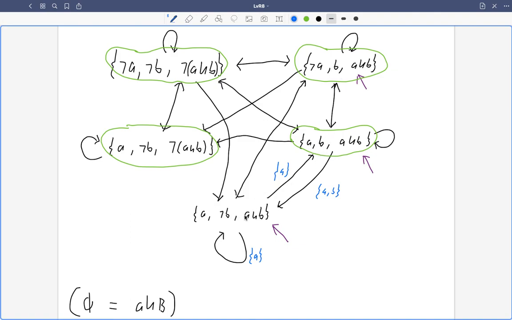Those runs will always, at every stage, validate every formula in the set of formulas at the state. So we can never get stuck in this state, because if we got stuck in this state, we would be invalidating the A until B formula.